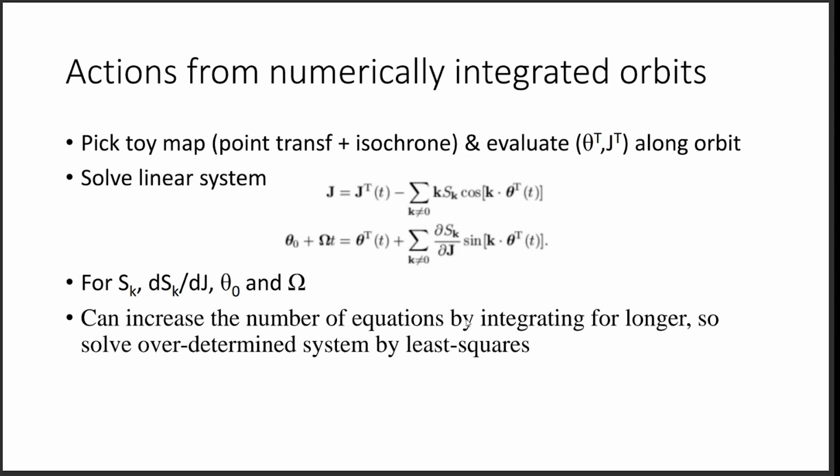J is unknown, theta naught is unknown, omega is unknown, S_k is unknown, and dS_k by dJ is unknown. So I have a finite number of unknowns and an unlimited supply of equations. So clearly I can solve the equations probably in some least squares sense, because it's an overdetermined problem, and determine these quantities and get an analytic model, a torus belonging to the orbit.